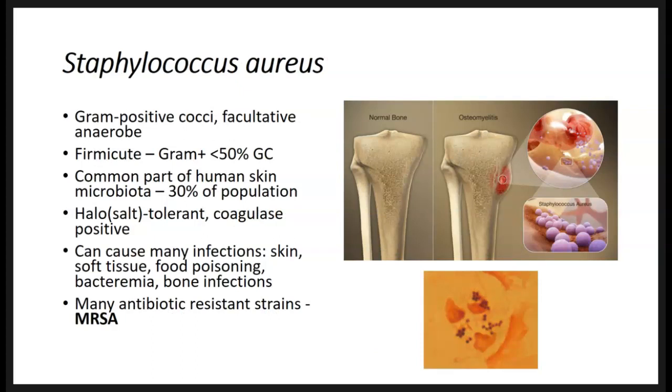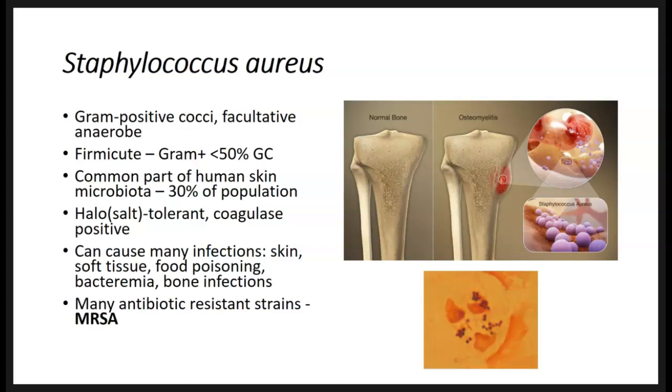Staphylococcus aureus is another gram-positive. It is a gram-positive cocci. It's a facultative anaerobe. It is a firmicute, and so it is in the group of organisms that are low GC gram-positives. Less than 50% of its genome is G and C. It is a common part of human skin microbiota, and so about 30% of us have Staph aureus on our skin.